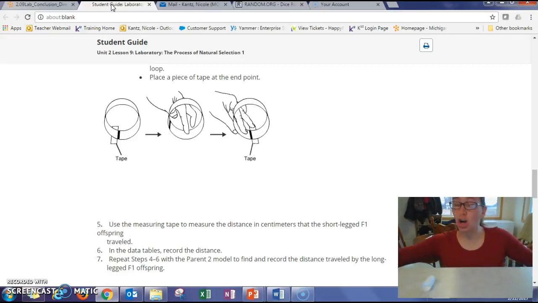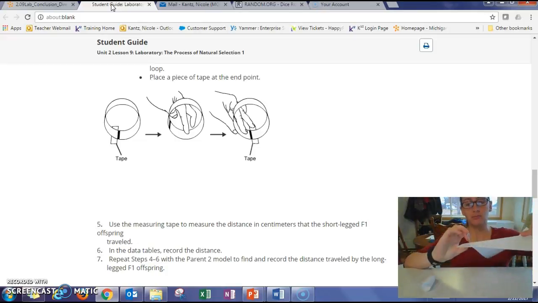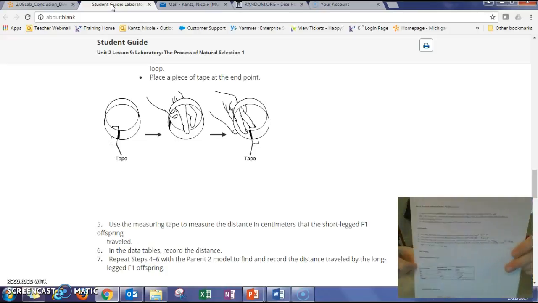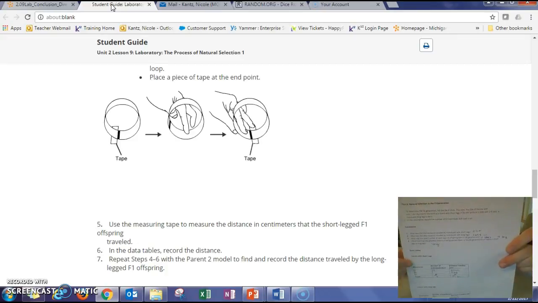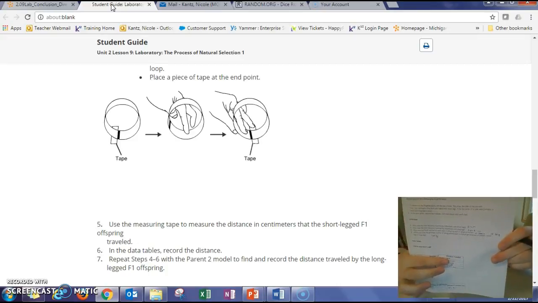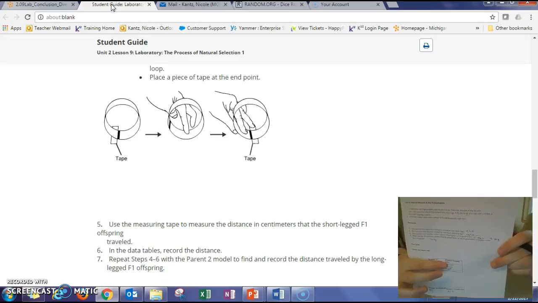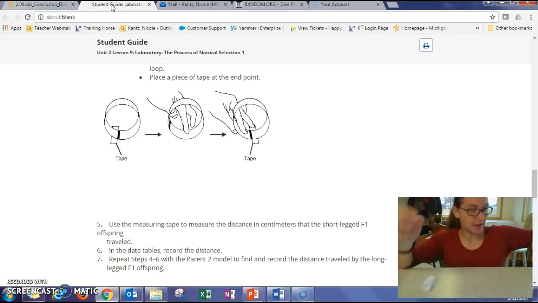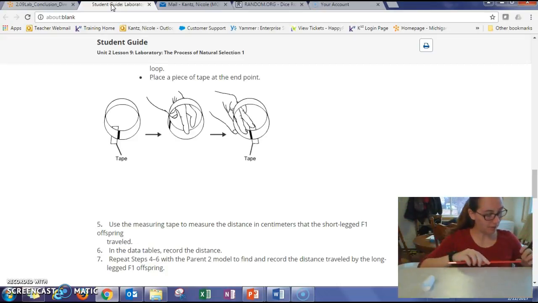So on your chart, F1 generation, parent 1 for my short legs. I put, technically my first time I did 3, but this time I did 1, and I'm just going to put how far that 1 parent traveled, which I think was 10.5.